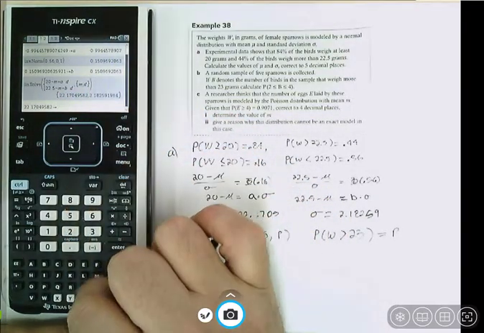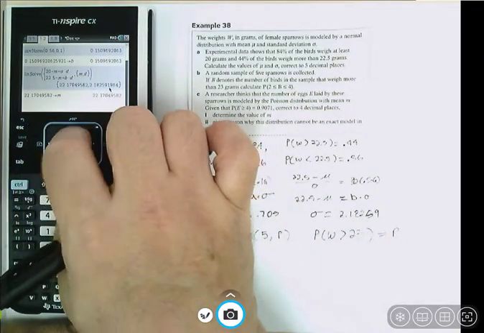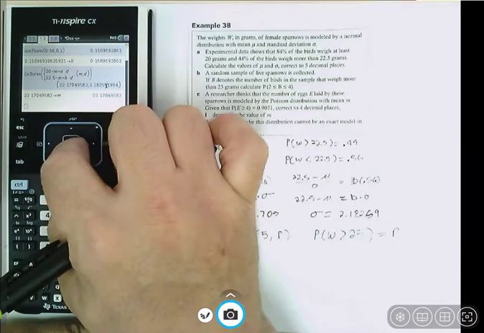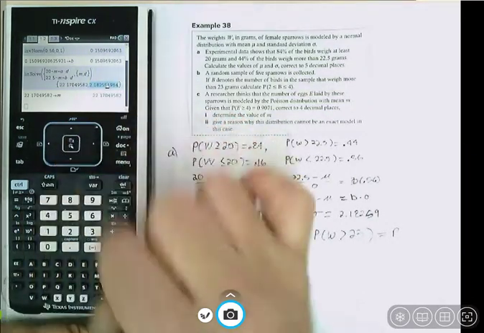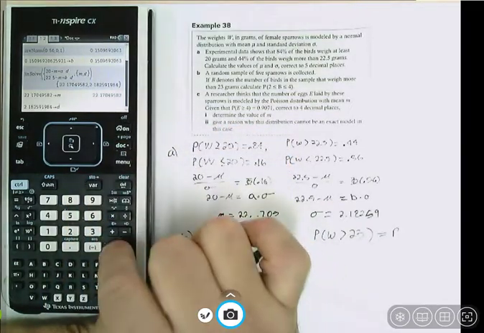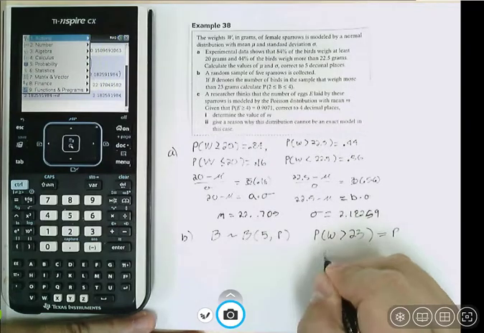That's my mean, right? Store that as my mean, and then I can do the same thing right up here. Tap on it, and store that as my standard deviation, and then I can find this probability to find out what my P is.